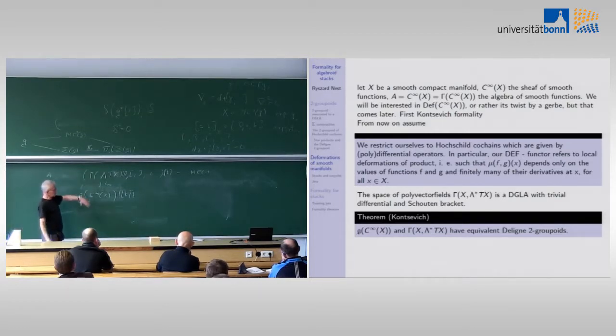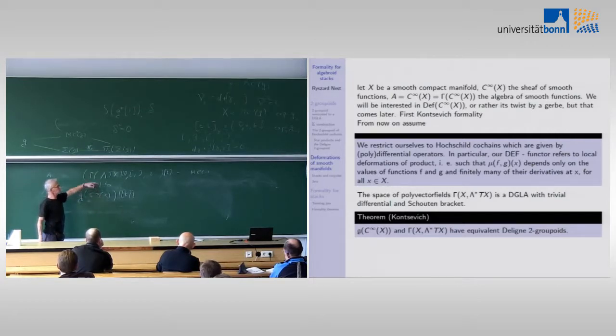That's Kontsevich. This means that the Maurer-Cartan 2-groupoid is equivalent to the Maurer-Cartan 2-groupoid here. The Maurer-Cartan 2-groupoid here is given by Poisson structures, vector fields, and functions. The Maurer-Cartan 2-groupoid here is given by star products, equivalences of star products, and isomorphisms of star products and intertwiners.